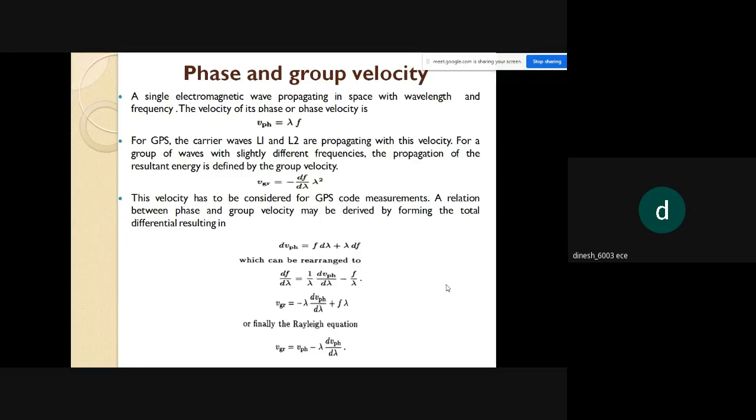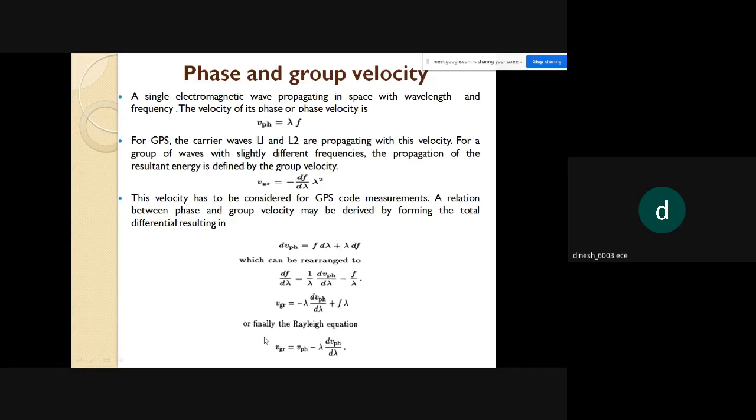So on rearranging this, we get group velocity in terms of phase velocity as VGR is equal to minus lambda dVPH divided by d lambda plus f lambda. So this is your equation, group velocity.